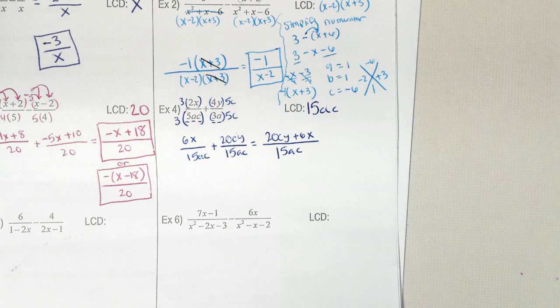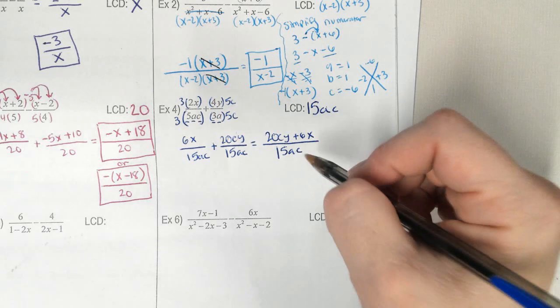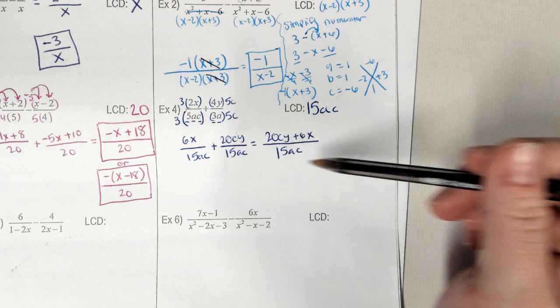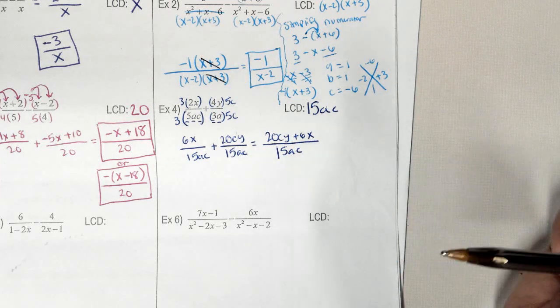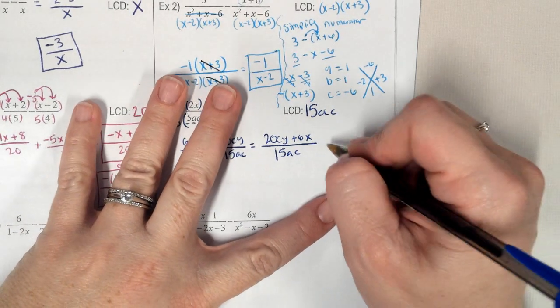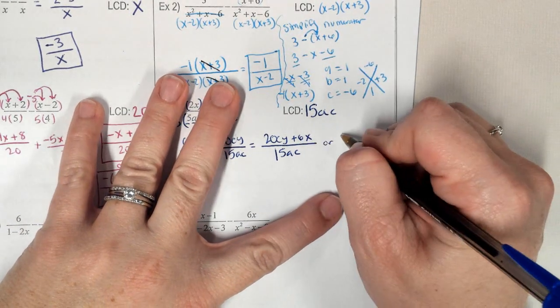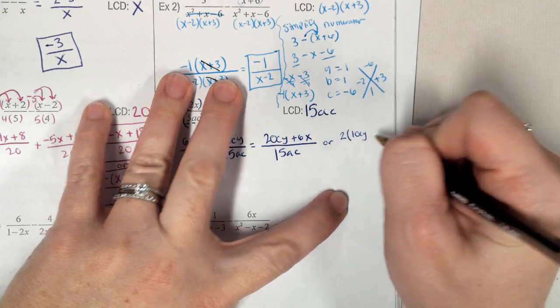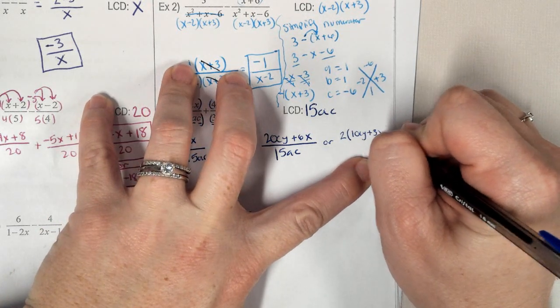Now, last question. Nothing alike is in the top, so we can't combine it. They don't all have a letter I can take out. But doesn't the top have a GCF? What is the GCF? 2. So I want you to realize if you took out the 2, you would get 10cy plus 3x.